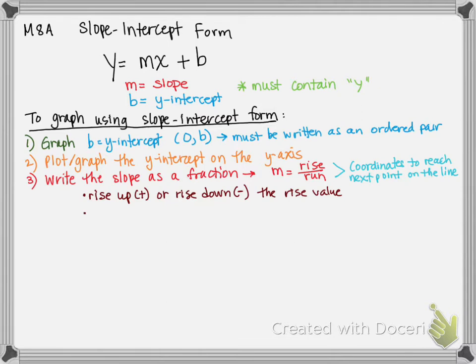And then from that location, we haven't marked a point yet, we're going to run to the right. Now, why am I running right? Because he's positive. Why is he positive? Because I put the sign on my rise number. Okay. So from that location, run to the right the run value. Whatever that number is, that's how far to the right I get to run, and then we get to mark a point.